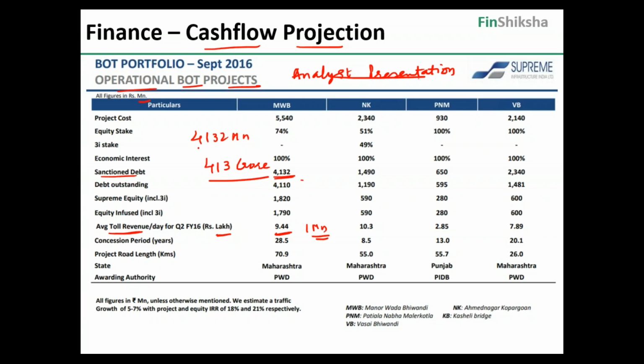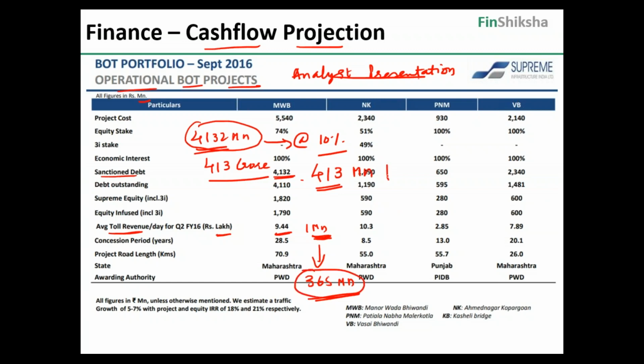So this is basically 1 million every day, assume. So it is 4132 million of debt and 1 million of daily revenue. In a year, my income is only 365 million versus the debt of 4132. If this debt is at 10%, then my interest cost is 413 million, which is higher than 365 million.